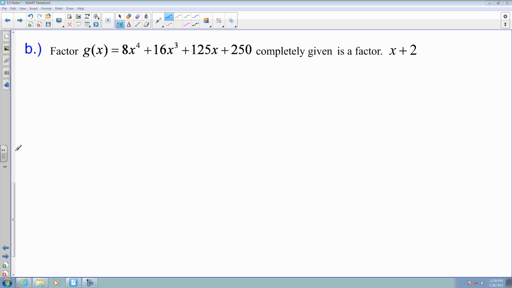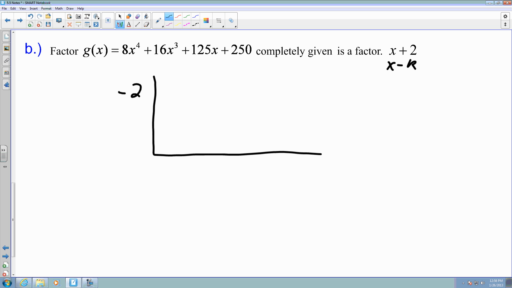So I can still use my x minus k here. That means k is negative 2. And my coefficients would be x to the fourth is 8, x cubed is 16. I don't have an x squared, so that becomes 0. X is 125, and my constant's 250.